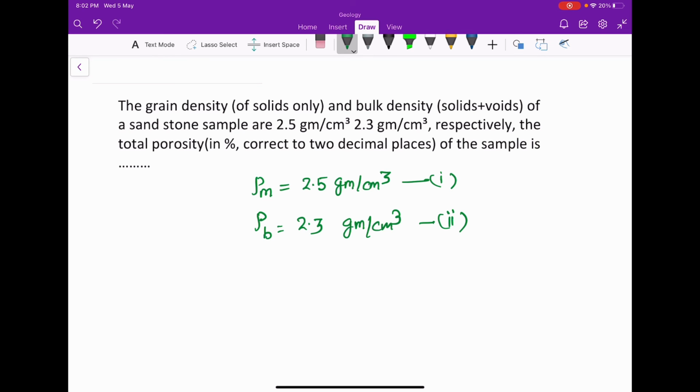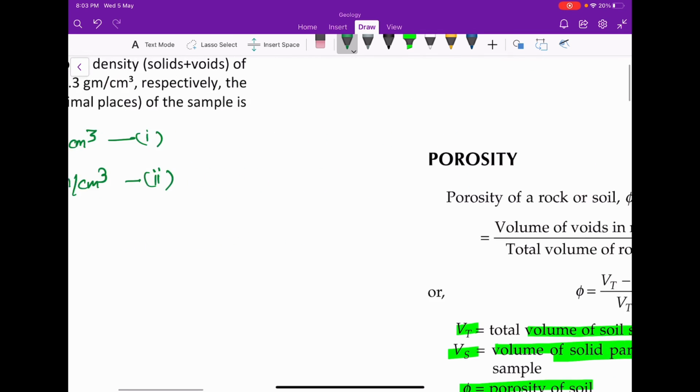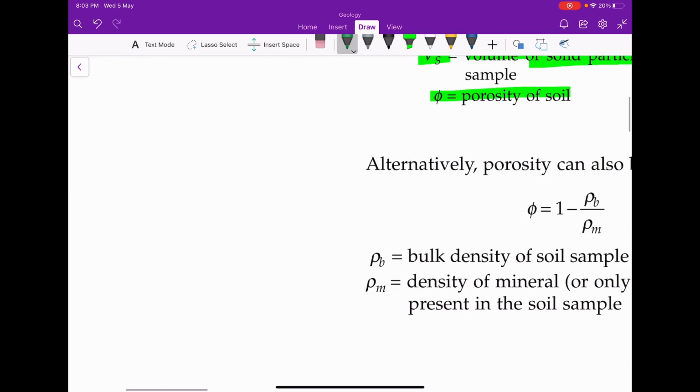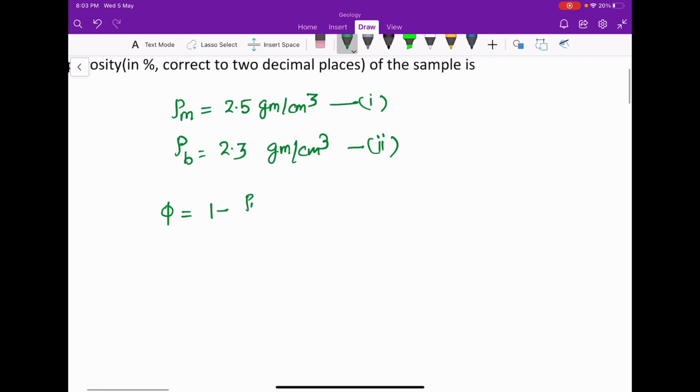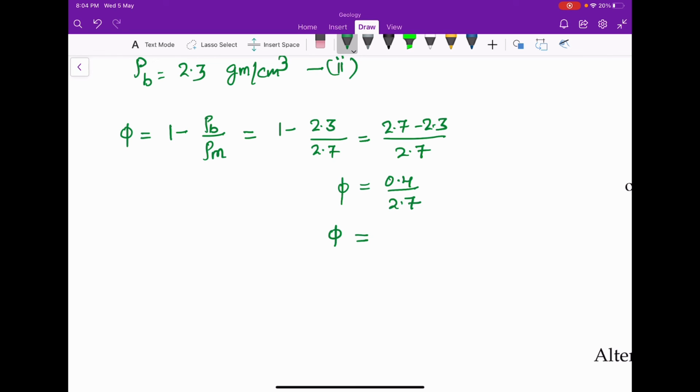Now the total porosity of the sample is, so porosity is defined as 1 minus rho b divided by rho m, which is equal to 1 minus 2.3 divided by 2.7, or we can say 2.7 minus 2.3 divided by 2.7, which will be equal to 0.4 divided by 2.7, or we can say phi is equal to 0.1481.